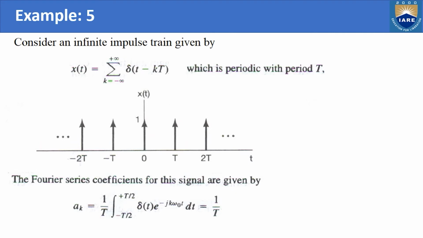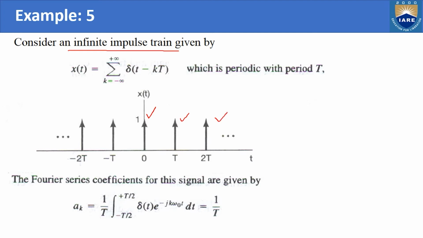Now let us consider an important, a fundamental periodic waveform, that is an infinite impulse train. So what it is, the sum of equal amplitude impulses. There is at t equal to 0 one impulse with unit amplitude, at t equal to capital T another impulse, at t equal to capital 2T another impulse.